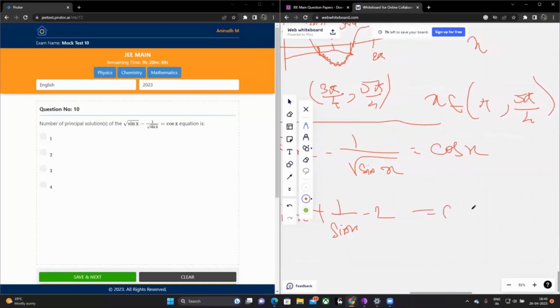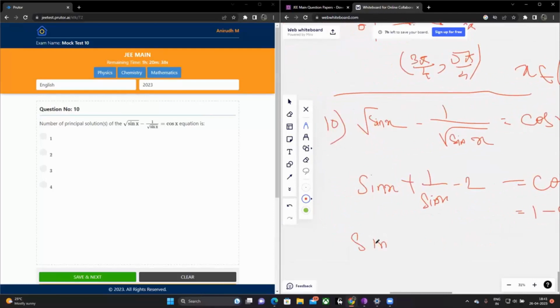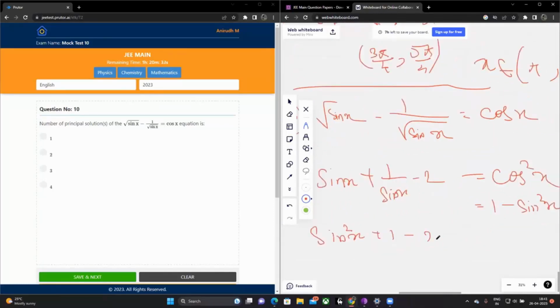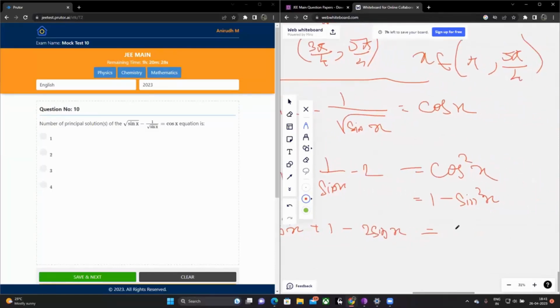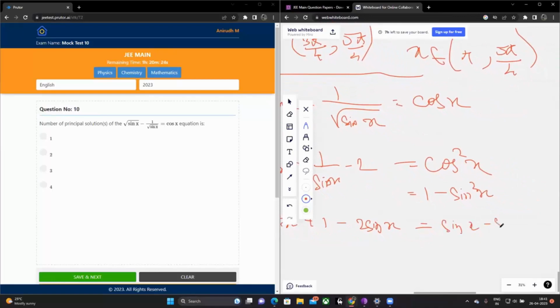This equals cos squared x, which is 1 minus sin squared x. Multiplying the whole thing by sin x, this is basically sin squared x plus 1 minus 2 sin x equals sin x minus sin cubed x, right?